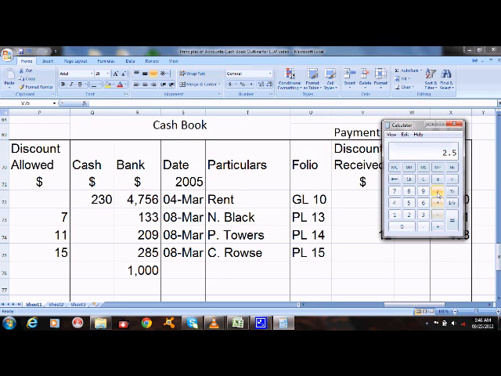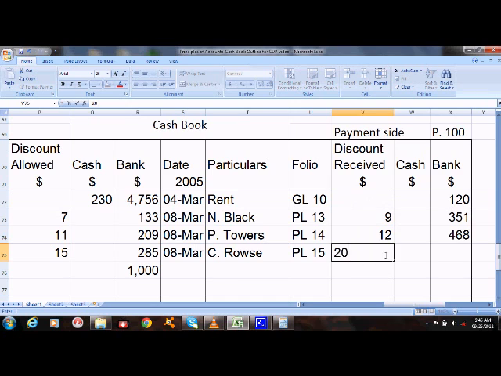The question says that we paid the accounts by check. So it's 2.5 divided by 100 times 800, equal to 20. So therefore you place the 20 right here, and you place 780 over on this column. So that is how this part of the transaction is done, my friends.